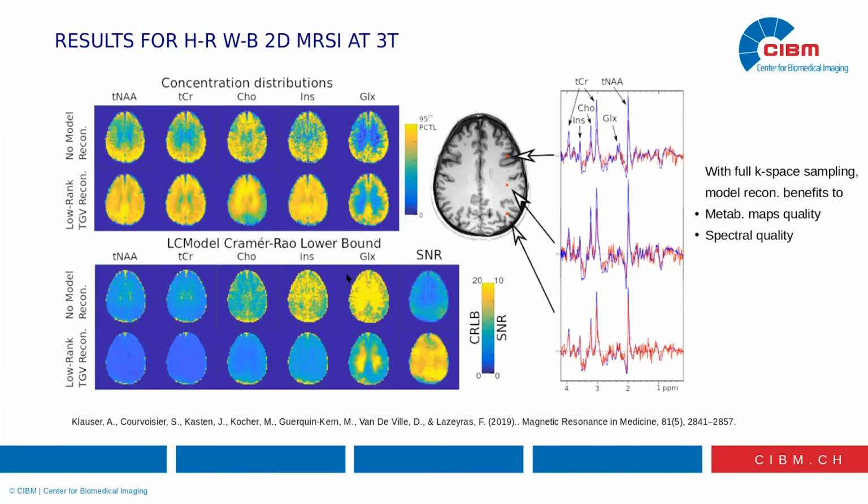This is reflected also in the SNR map, for instance. We have probably an overall factor 4 gain in SNR, and also a decrease in the Cramer-Rao lower bounds, which is an error estimate for the quantification of the metabolite. So clearly, even for a full K-space acquisition, we already got a gain from using a specific model reconstruction.